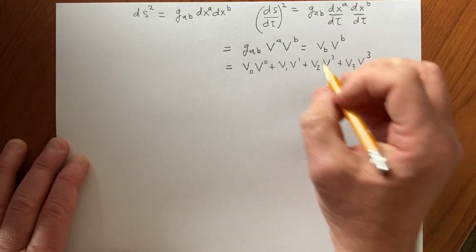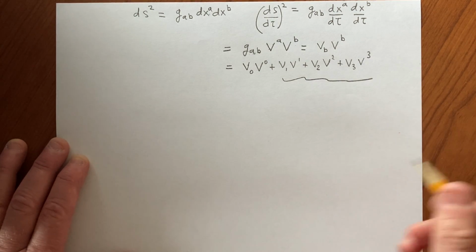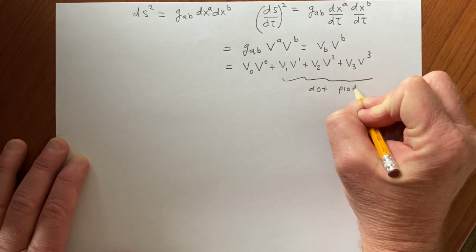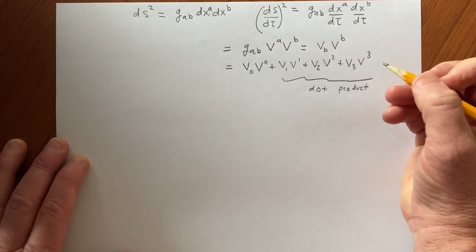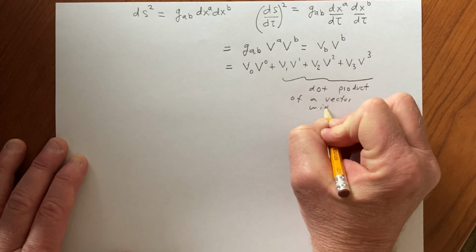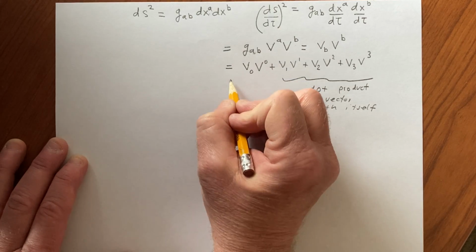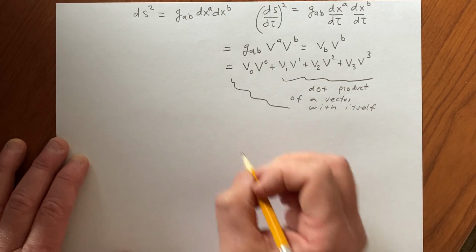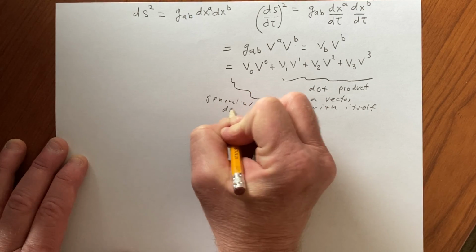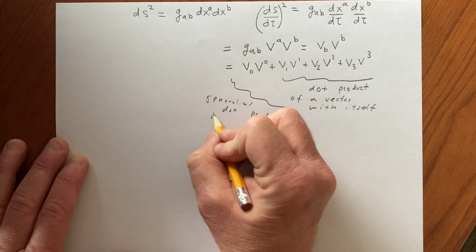So, right, so this is, let's call this the generalized dot product of a vector with itself, and then the entire thing is the generalized dot product in space-time.